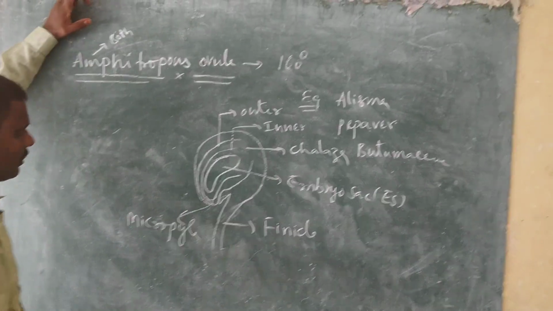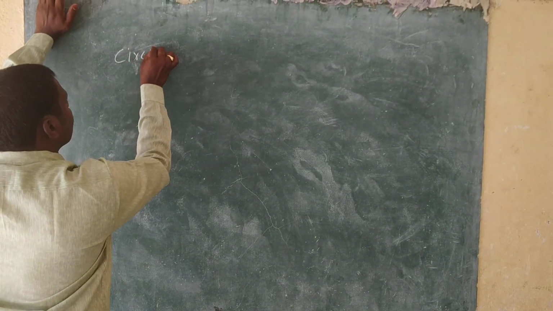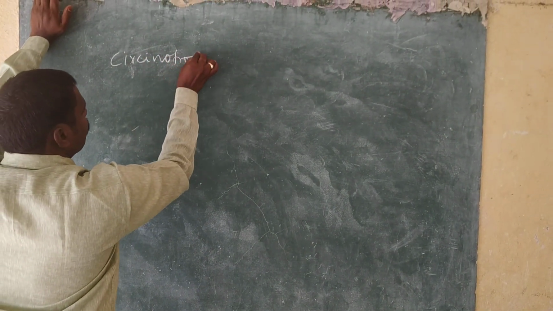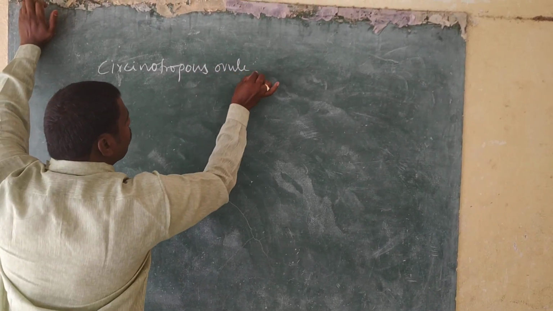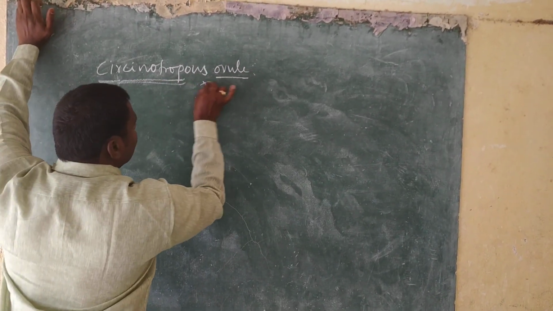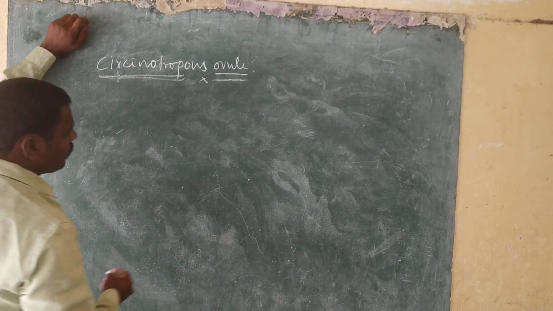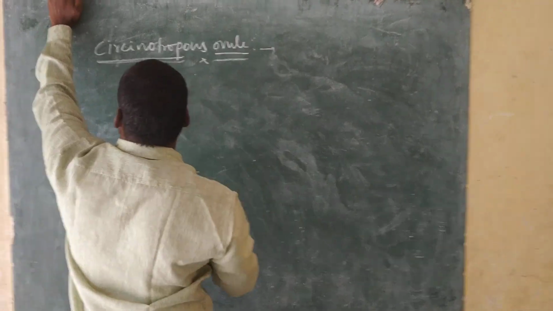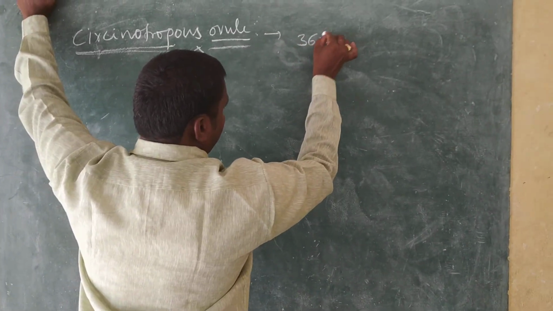And the next one is succinotropous ovules. In this type of ovule, the degree of curvature is 360 degrees.